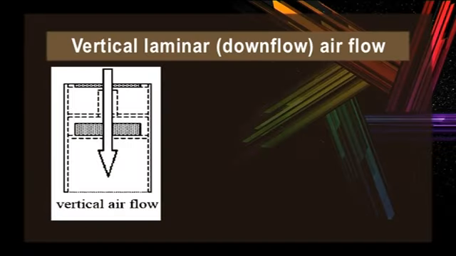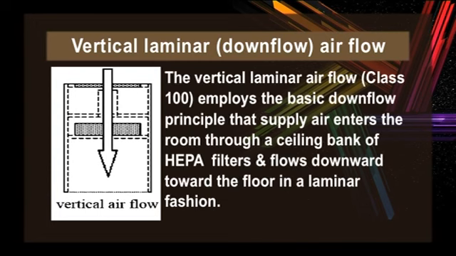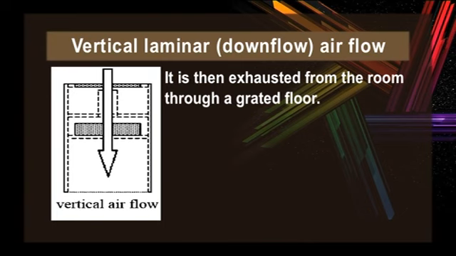Vertical laminar airflow, that is downflow. The vertical laminar airflow class 100 employs the basic downflow principle, in which supply air enters the room through a ceiling bank of HEPA filters and flows downward toward the floor in a laminar fashion. It is then exhausted from the room through a grated floor.